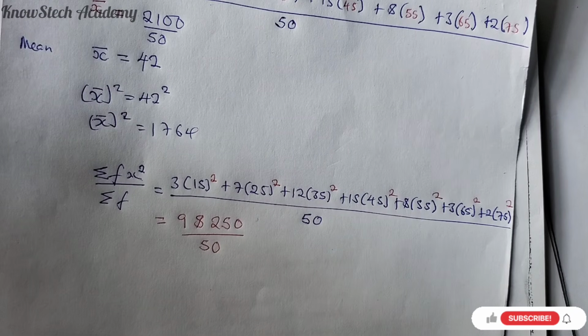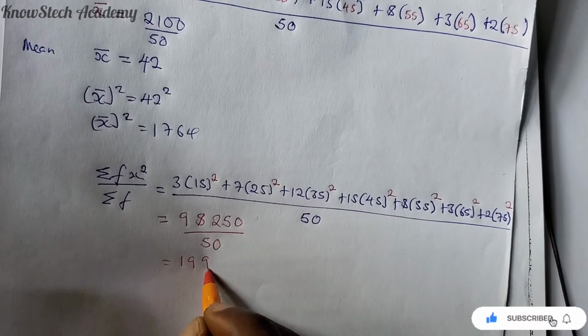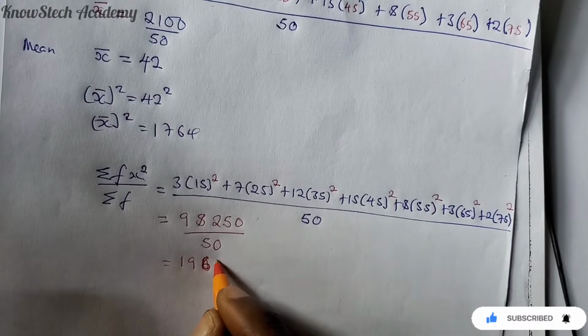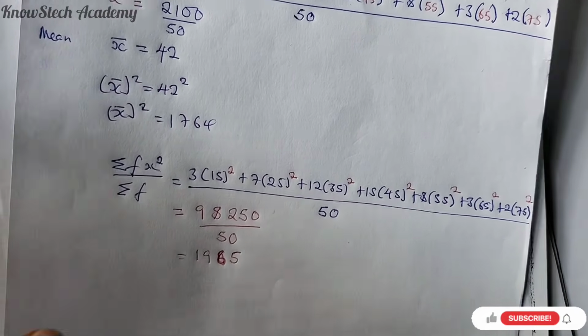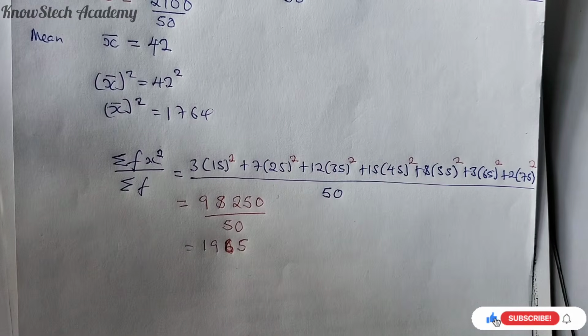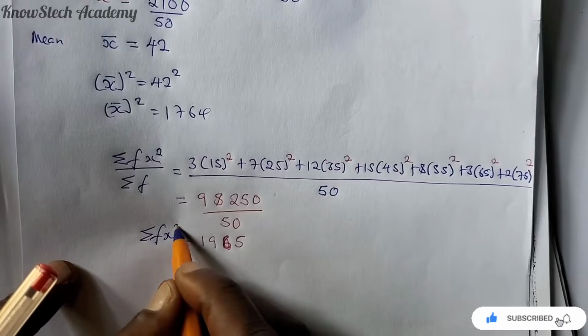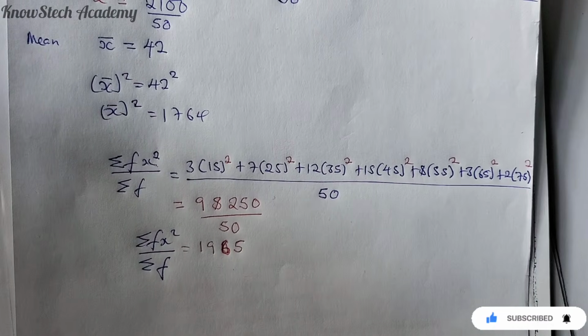So when you divide by 50, we are going to have 1,965. What is this figure? This figure is the summation of fx squared over the summation of frequency, the total frequency.